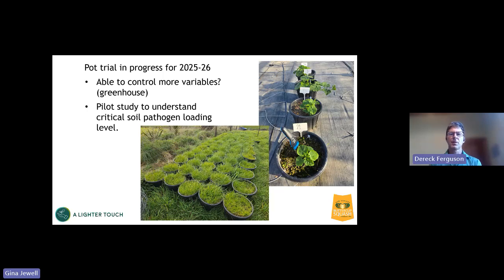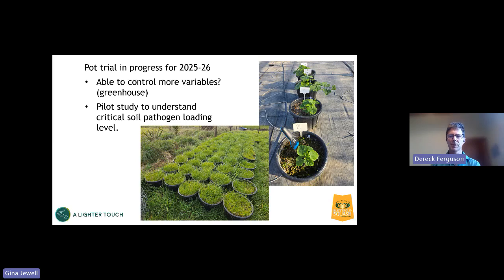So this has led us to looking at doing pot trials, which we are undertaking this year, where we're able to control more of the variables that we can't achieve in the field. So we've collected soil from a field that collapsed. It was actually one that was in John's table there. It was called Tuki Tuki, where it had very high levels of total Fusarium, Fusarium oxysporum, and Fusarium solani.